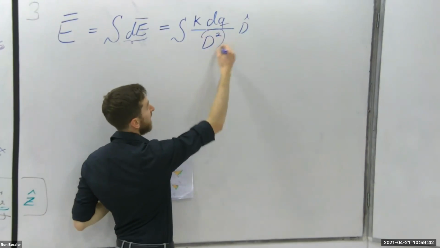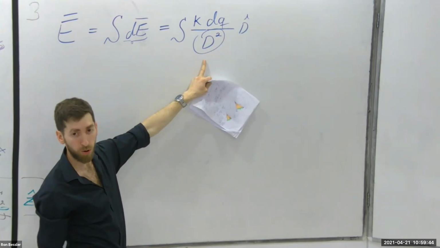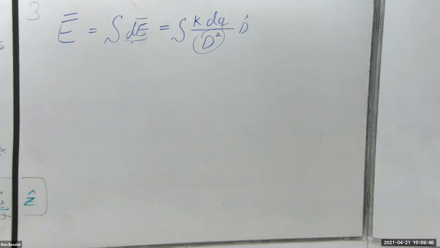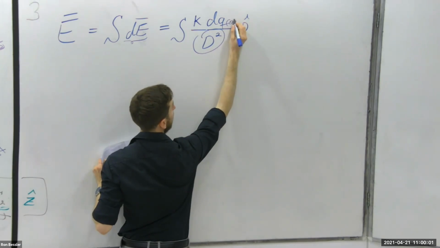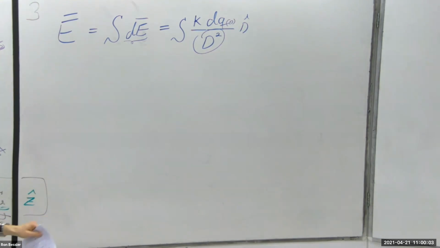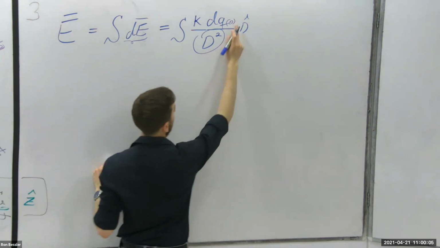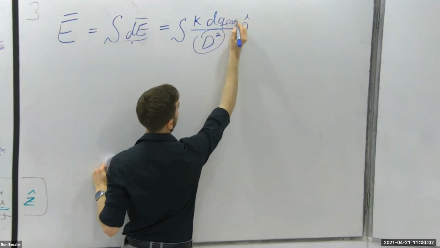So we need to find this d, and we also know that what really matters is this component. If this is dE, let's call this angle theta, to show where the specific charge is. The charge is a function of what? Phi and theta, right?